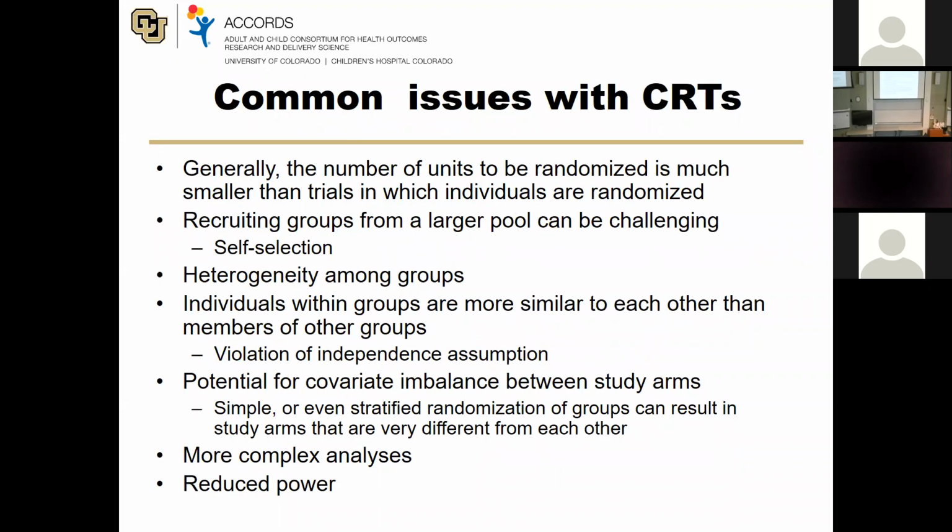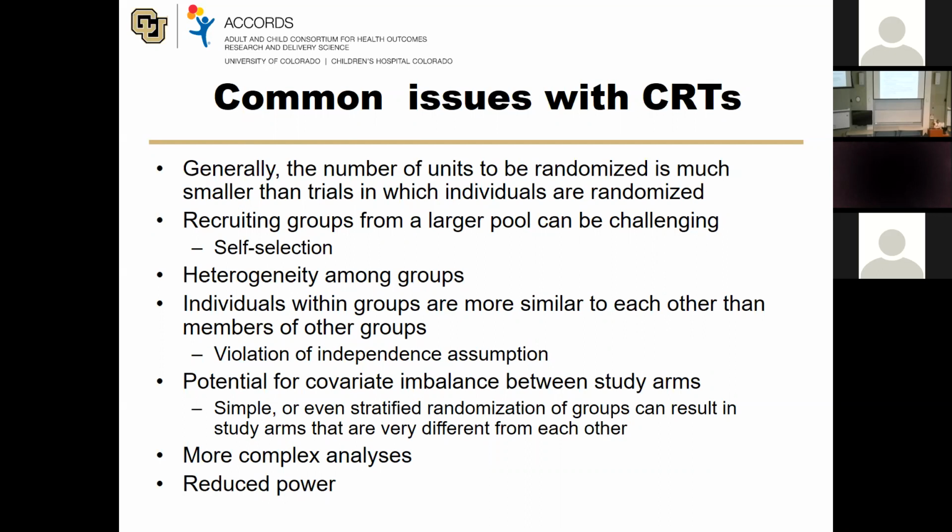There are issues, however. It's not a perfect world. Generally, you have to make compromises when you realize you're going to have to do a cluster randomized trial. The number of units to be randomized is usually fairly small compared to what we're used to in individual randomization.